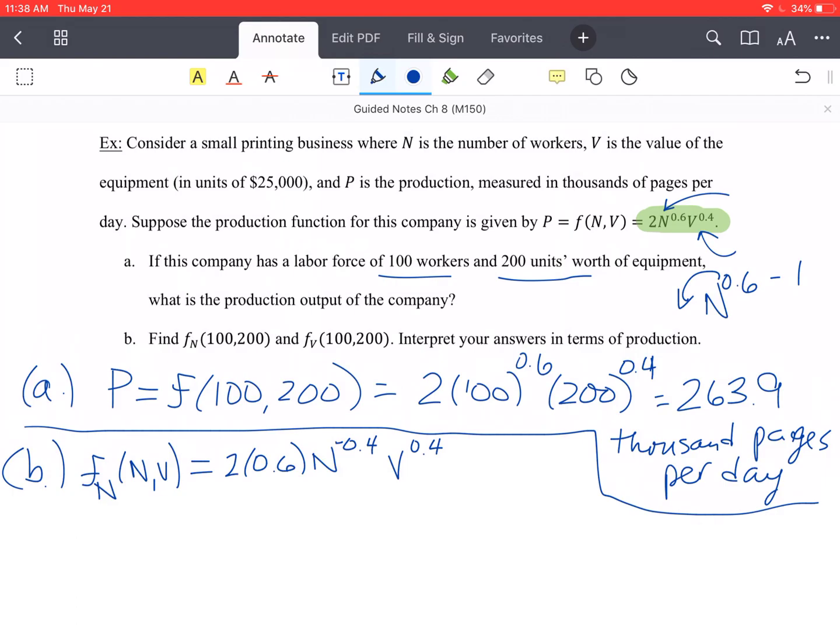So that would be our partial derivative with respect to n. And now it wants us to evaluate that at the point 100, 200.